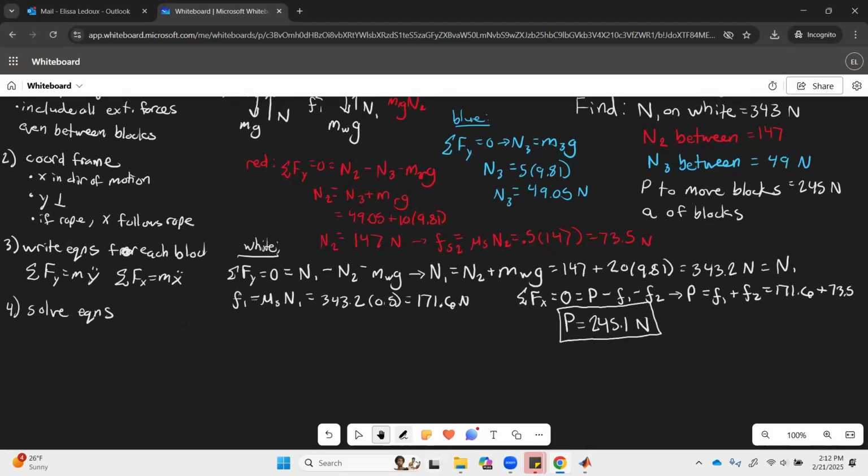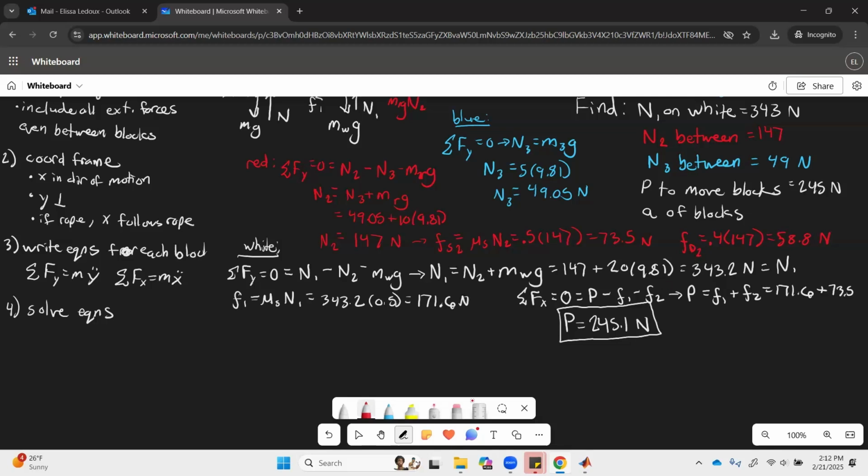So switch back to red. And so dynamic friction is going to equal the 0.4 times that 147 instead of 0.5, equals 58.8 newtons. So that's dynamic friction for 2.